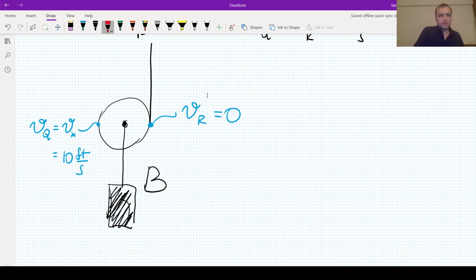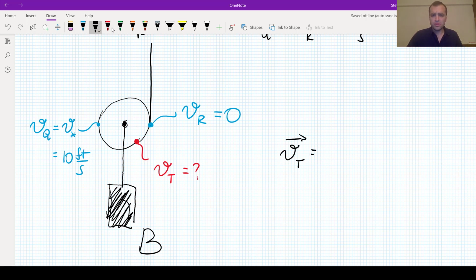Okay, now the question is, what is, for example, velocity of this point that is between points Q and R? If we would like to find this velocity, we should go for, so let's call that point T. Why not? Velocity of T. So if we would like to find velocity of point T, we should go for this expression.